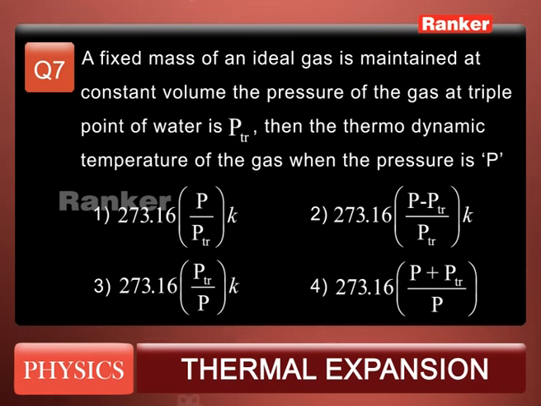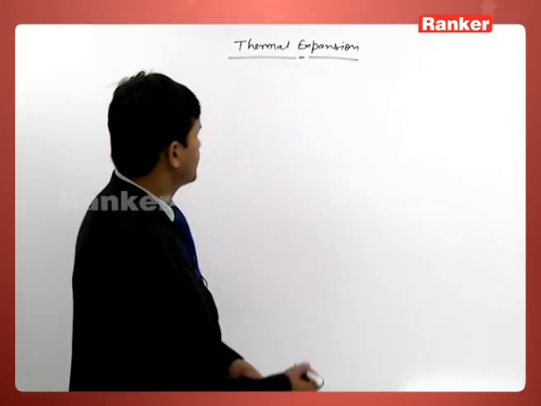Second option, 273.16 (P minus P critical) by TR. Third option, 273.16 T by P. Fourth option, 273.16 (P plus P triple point) by P. Now see how to do this one.